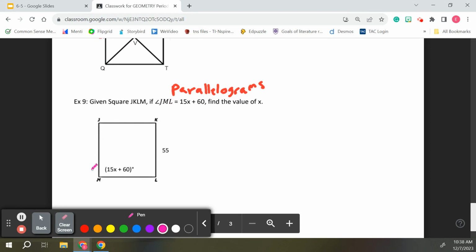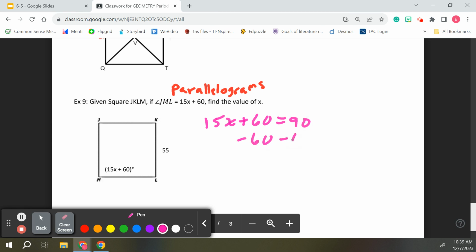Each angle of a square is equal to how many degrees? What did we say at the beginning? The rectangles each had, it even says in your foldable. 90, yeah. So we're going to set this up as 15x plus 60 equals 90.